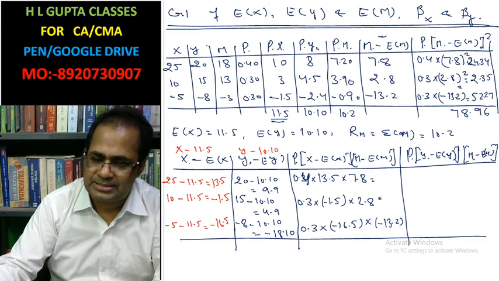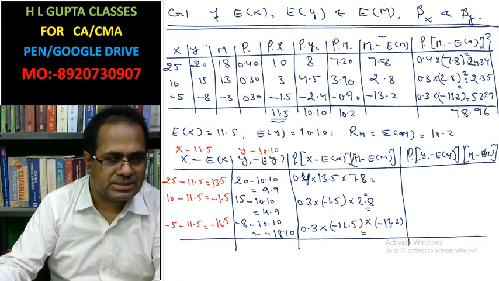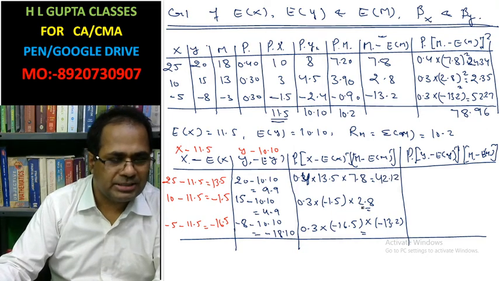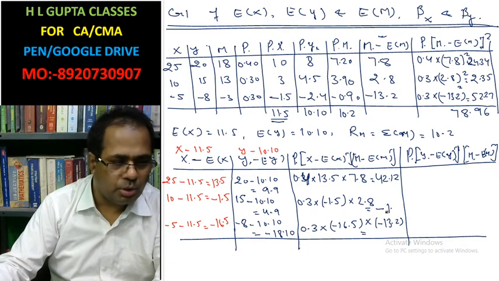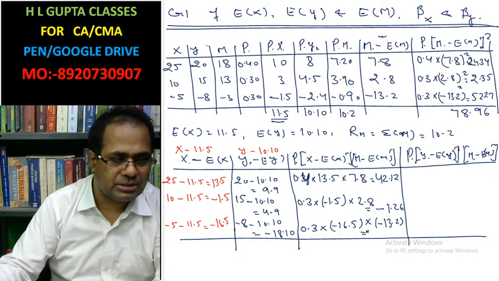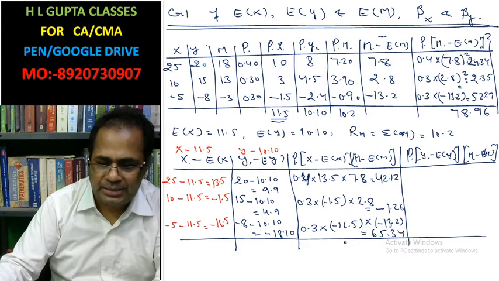Then what will be the xm: 42.12. In the second case minus 1.26. In the last case 65.34.